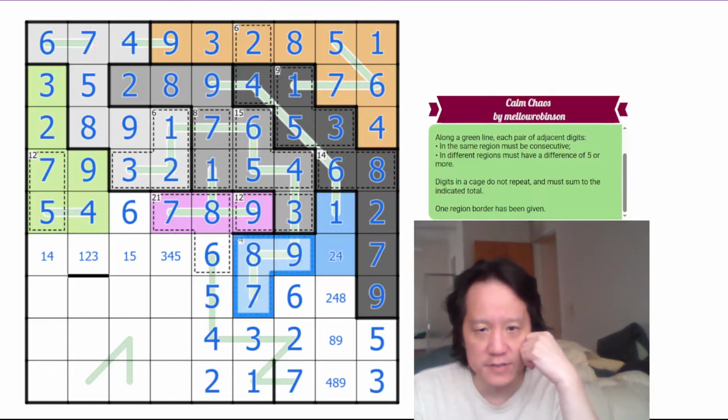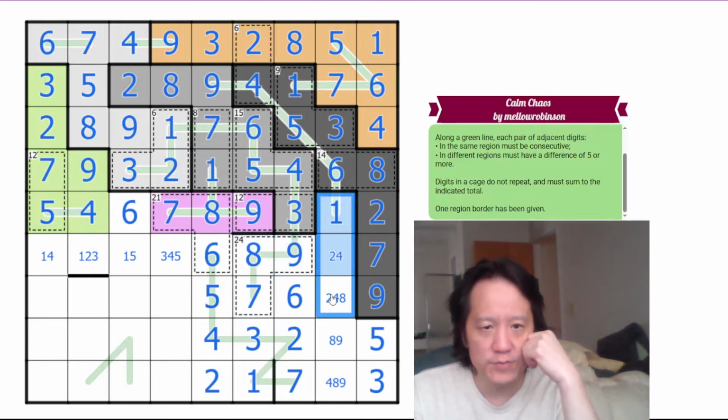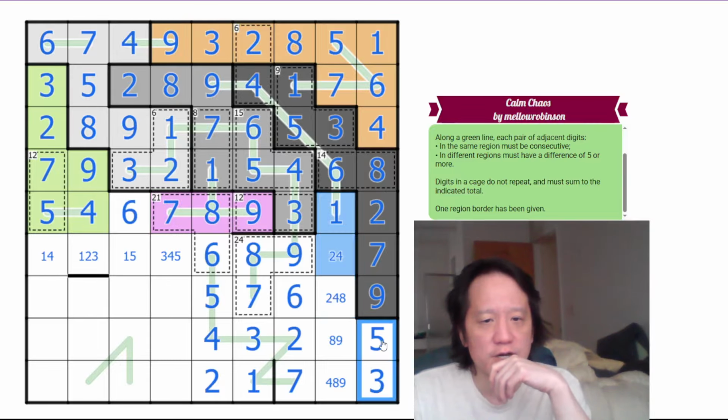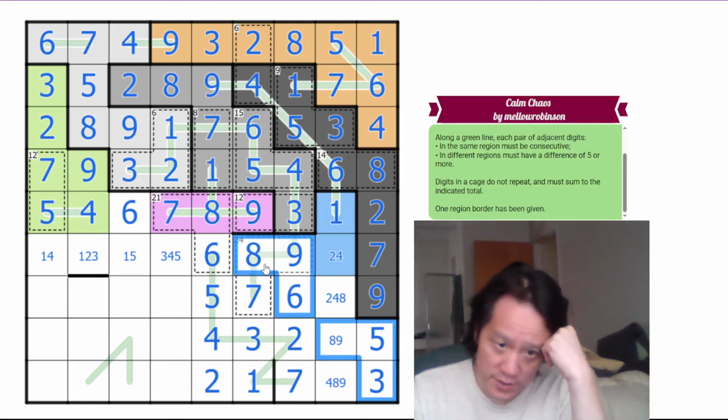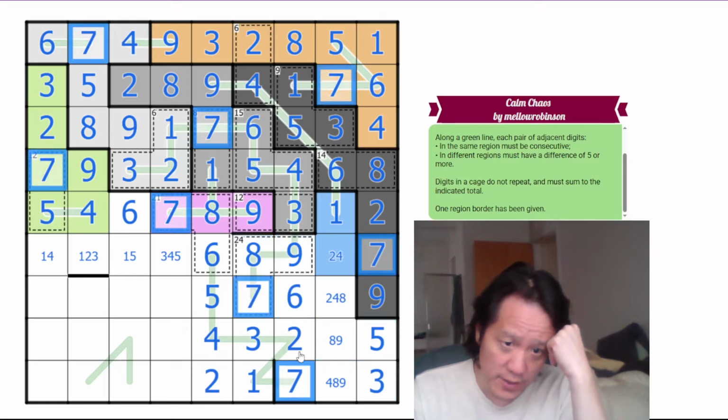Yeah, I think this is a separate region. So this one, if we try to have this as a different region going out this way. So it cannot be, okay. If we try to connect this to here, the problem with that is this 7 can't go.